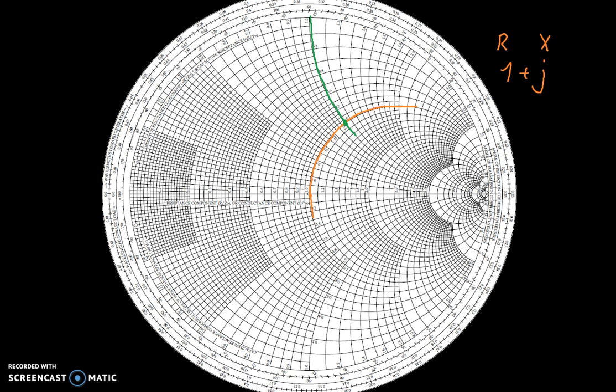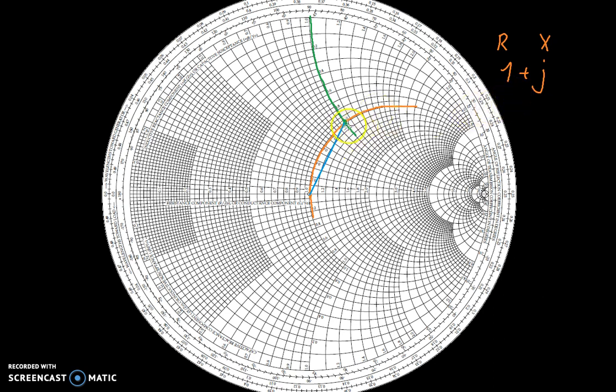And now to find the reflection coefficient, here on this chart it is represented with polar coordinates. The center here where it says 1 is actually the 0 point for the reflection coefficient. So first we draw a straight line from here up to the point.